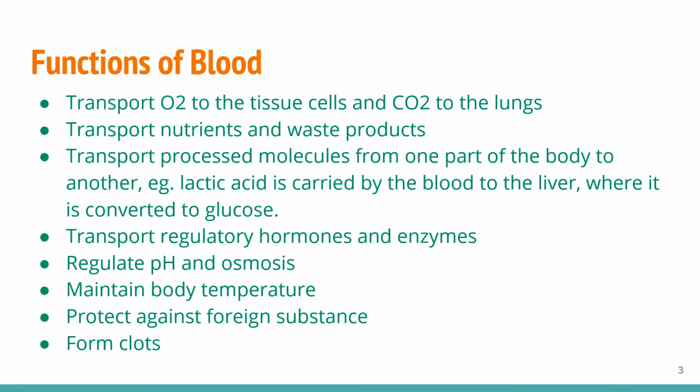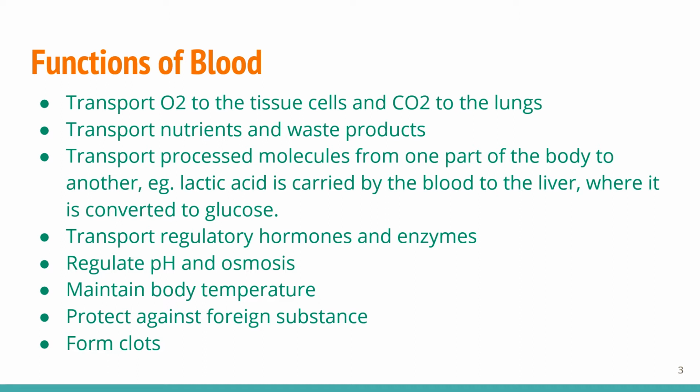So again, the different functions of the blood are to help transport oxygen to the tissue cells and CO2 to the lungs, and to help transport nutrients and waste products. It transports processed molecules from one body part to another. For example, lactic acid is carried by the blood to the liver, where it's converted to glucose.